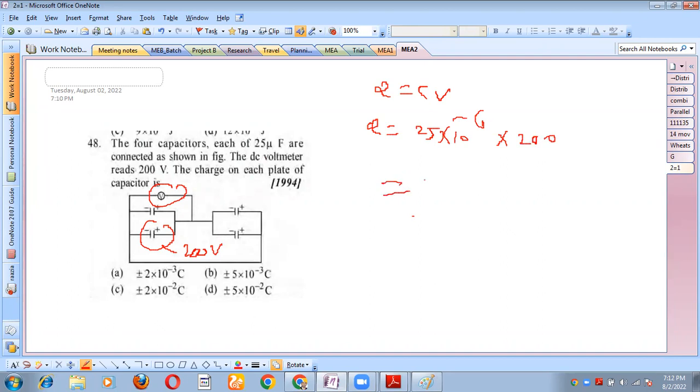So from there we get 5000 into 10 to the power minus 6. It means 5 into 10 to the power minus 3. So here charge on each plate of left side capacitor is 5 into 10 power minus 3 coulomb.